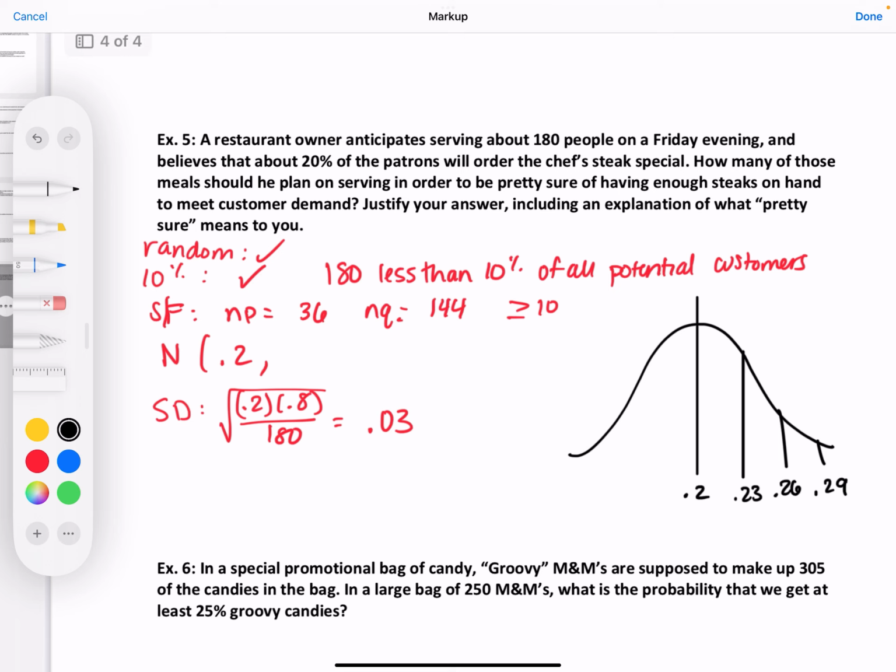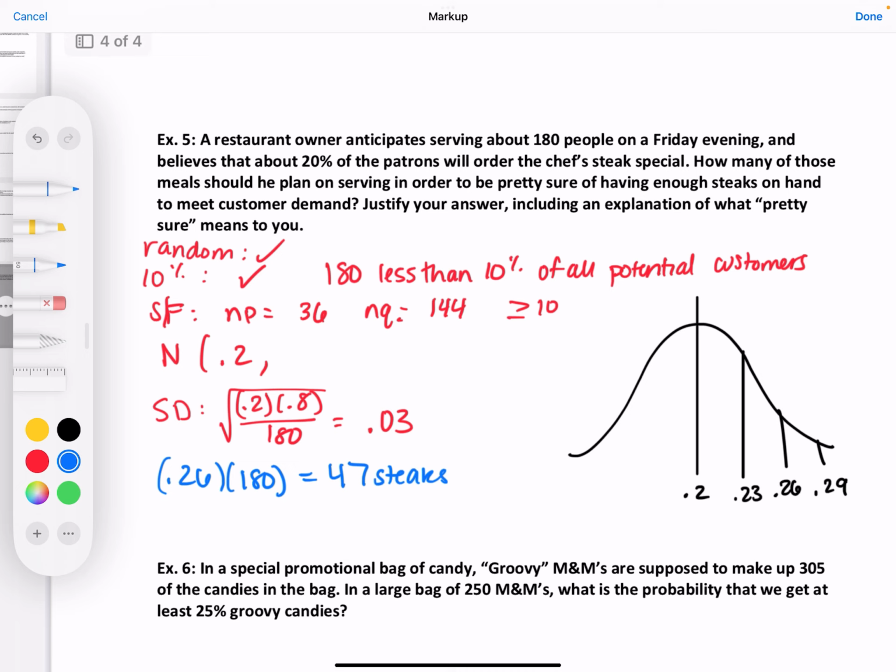Anything unusual would be more than 2 standard deviations away. So I'm going to say 0.26 times 180, and that's basically 47 steaks. Okay, round it up. How many of those meals should he plan on serving in order to be pretty sure of having enough steaks on hand?